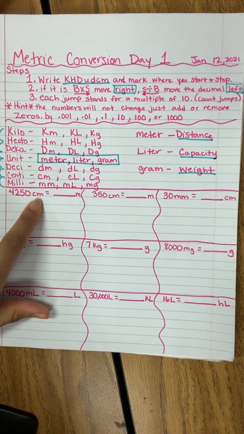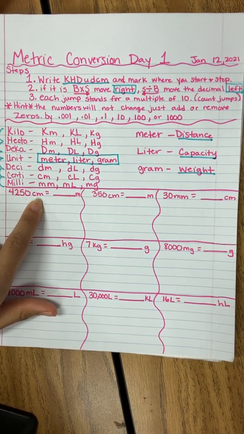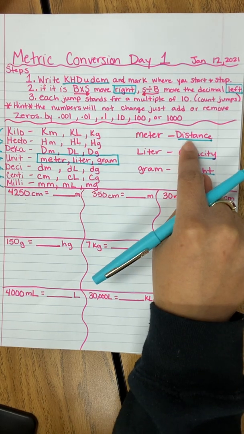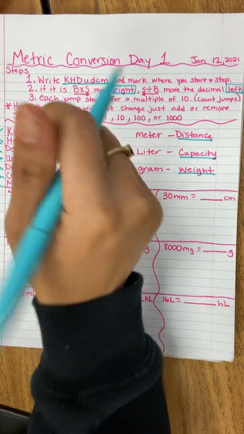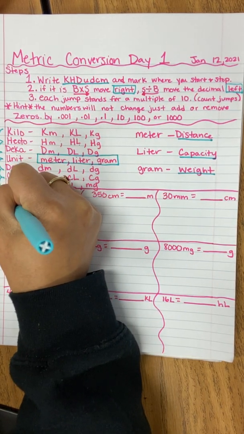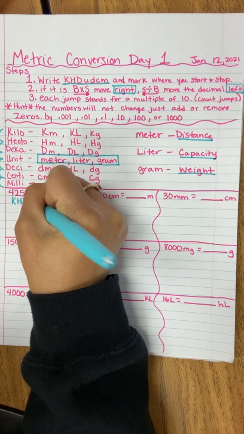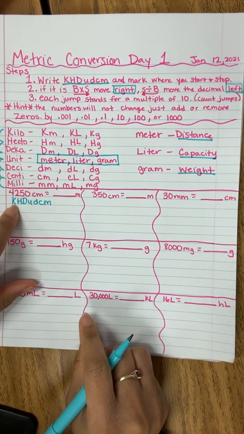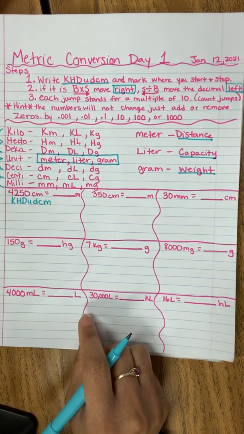Since I have M, this means that we're working with meters. So I'm dealing with distance here. First thing I want to do is write King Henry died unusually drinking chocolate milk. I want to make sure that all of my big units are uppercase, all of my small units are lowercase.